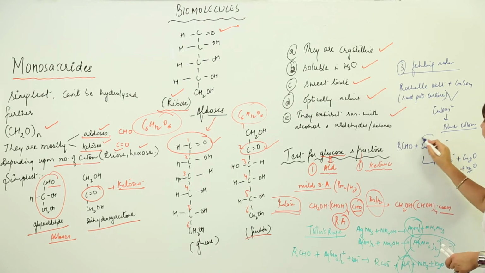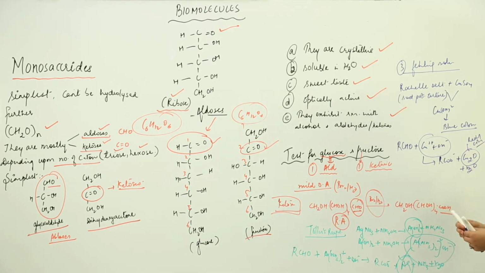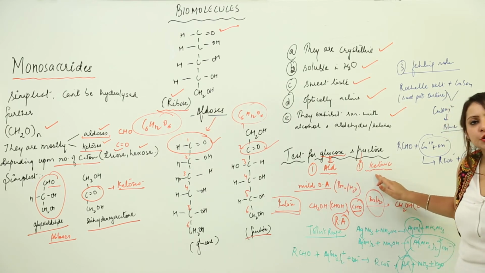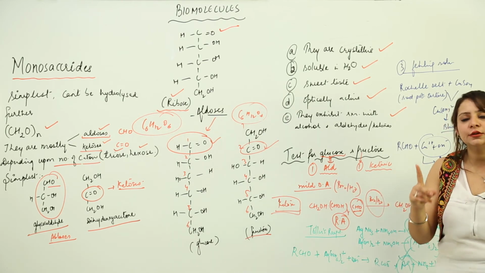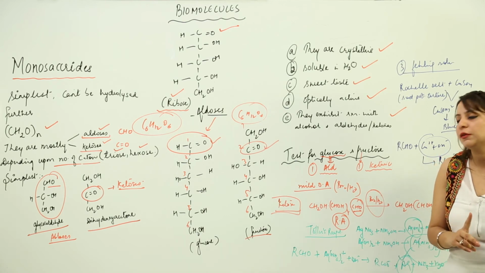It was of blue color, but here it turns into a reddish color. Formation of this reddish color indicates that the reaction has taken place, or you can say oxidation of glucose has been done. So as you can see, glucose contains an aldehydic group and fructose contains a ketonic group, so that is the first major difference between them.